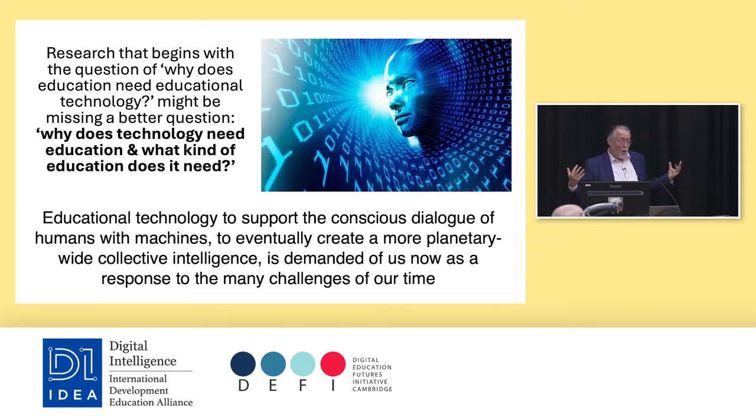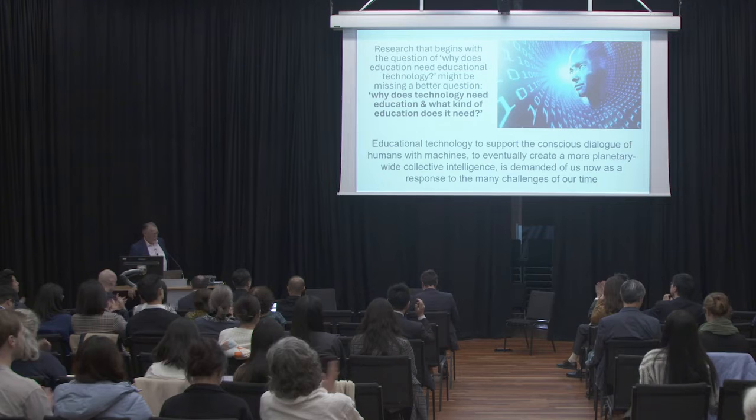And that's why we need to explore the use of education technology to enable this transition to a very different human future. So perhaps the question we should be asking isn't how can we use technology to help our education system, but why does technology need education, and what kind of education does it need? I'll stop there.